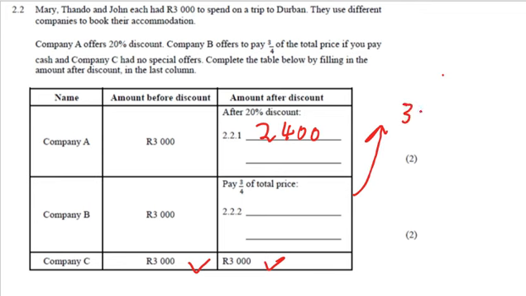So 3/4 times 3,000. Punch that in your calculator. Let's work it together, and you're going to get 2,250.